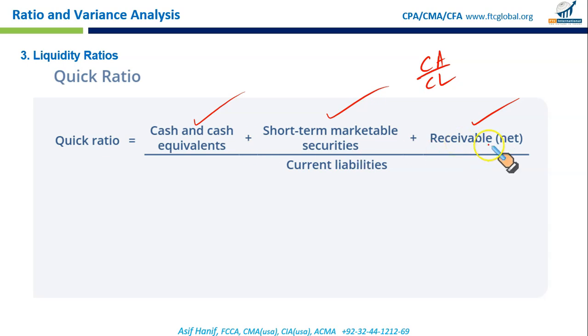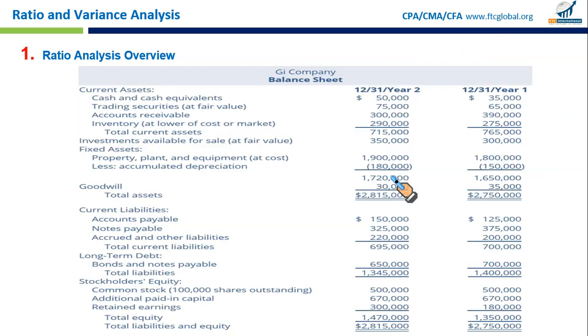If you take these three numbers, or simply take all current assets and deduct inventory and prepayments, you get the same numerator, and divide it by the current liabilities. So let us do it for both years, year 1 and 2, and then make some conclusion. These are our quick assets: 35, 65, and 390.